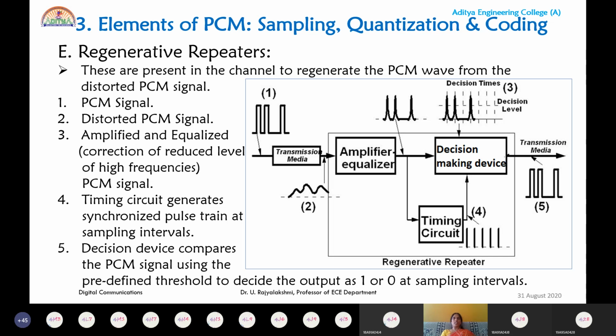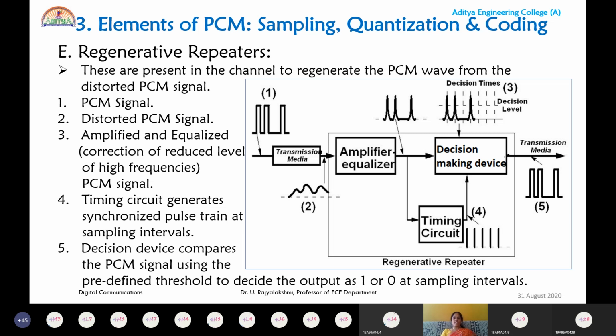Based on the distorted PCM, this timing circuit generates a synchronized pulse train at sampling intervals. This is only to generate synchronized sampling intervals.